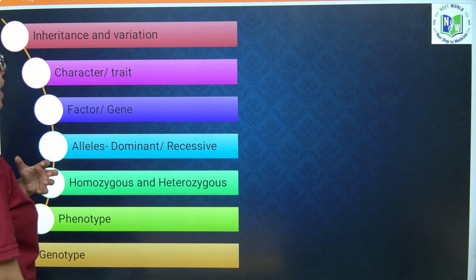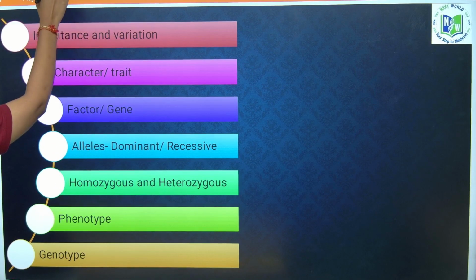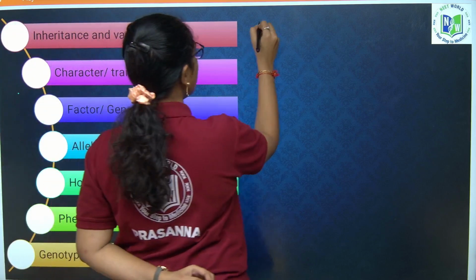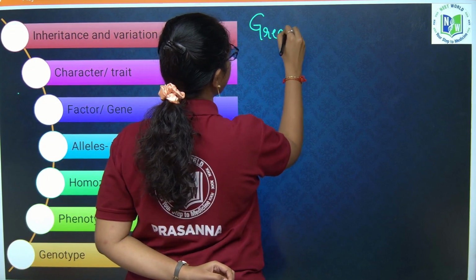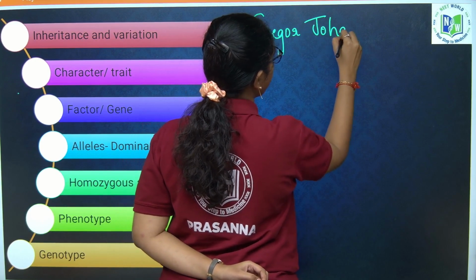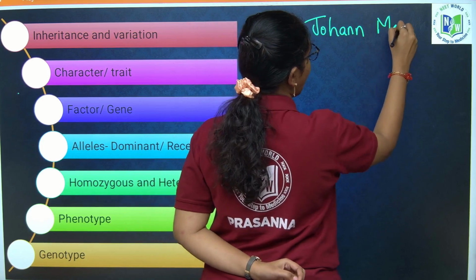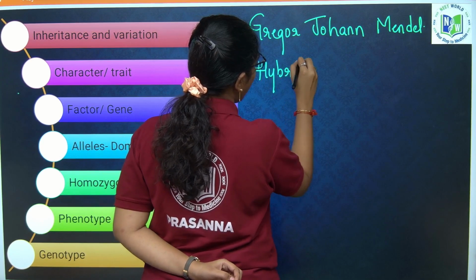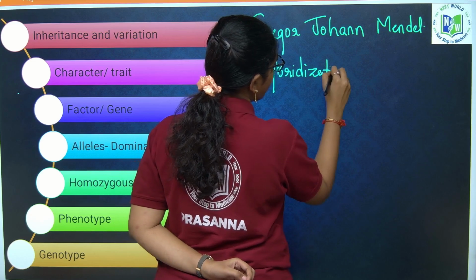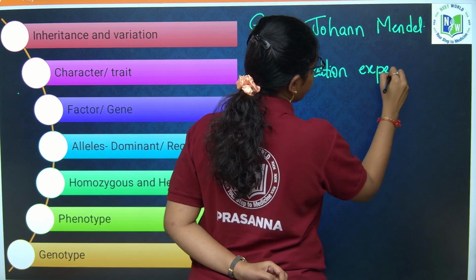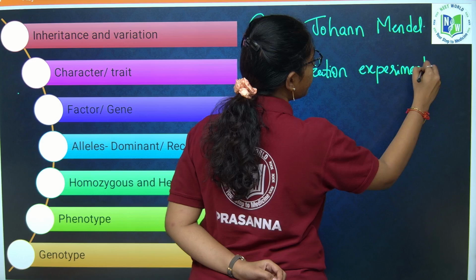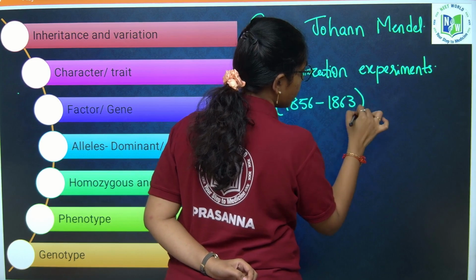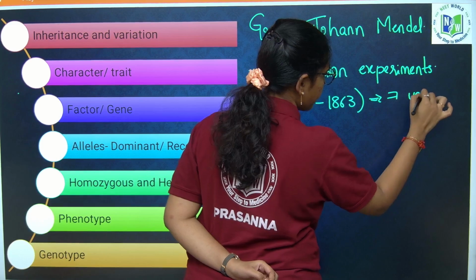Now to explore the scientific method of inheritance and variation, Gregor John Mendel conducted hybridization experiments on pea plants from the year 1856 to 1863, which is almost 7 years.